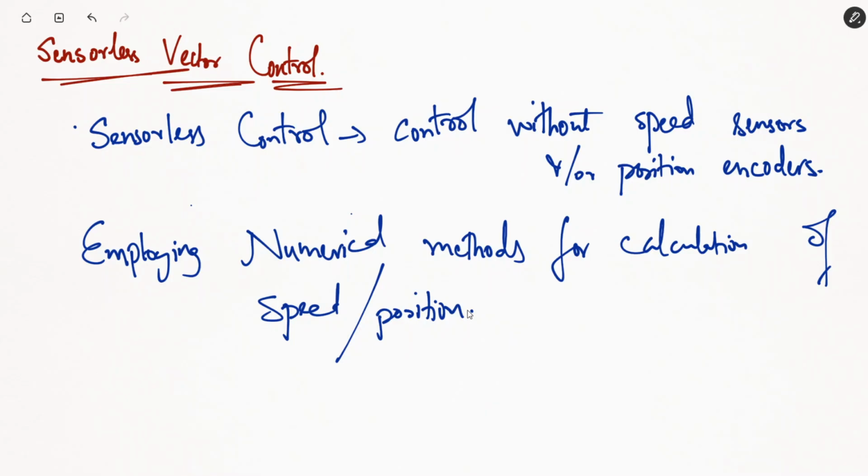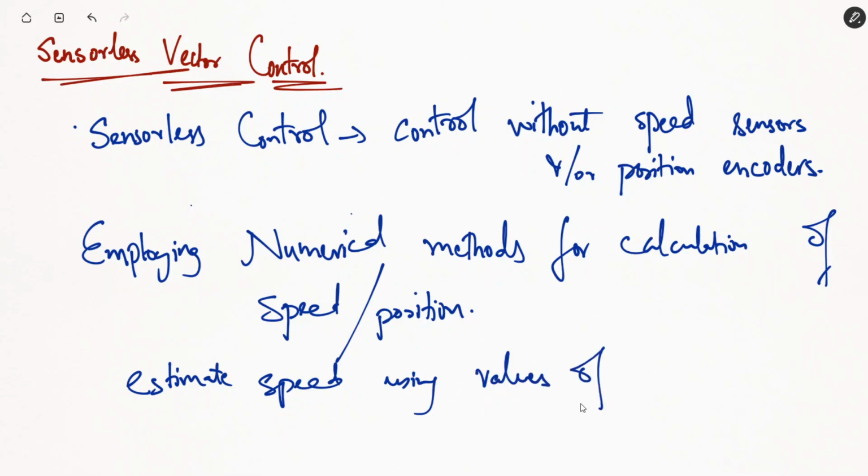So it's possible to estimate the speed values from the machine terminal voltage and currents. Fine. So we can estimate speed using values of voltage and currents.